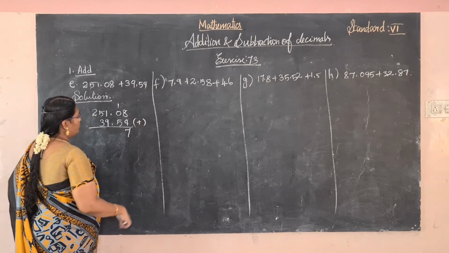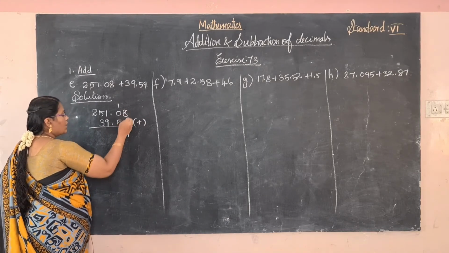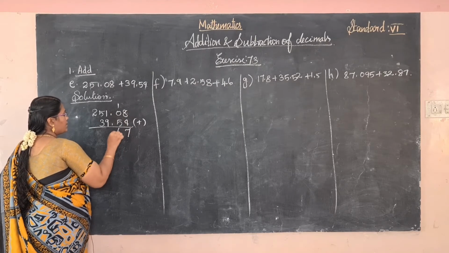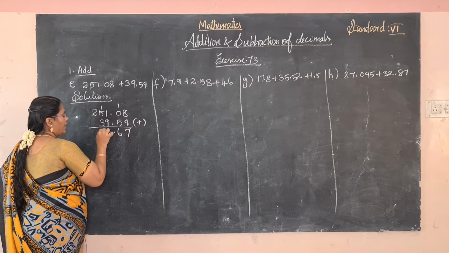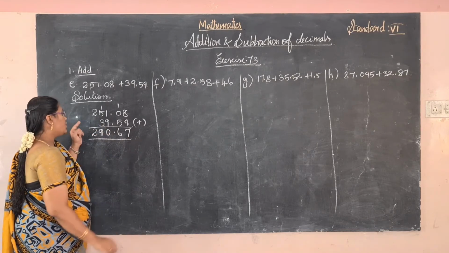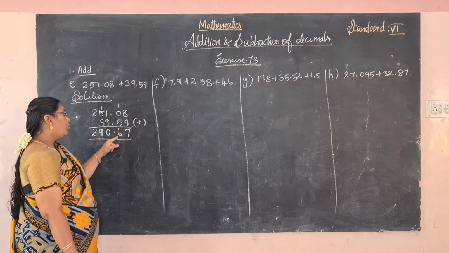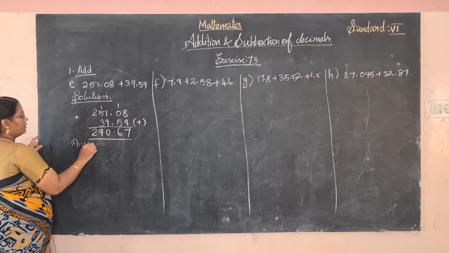Here put the decimal point. Then 6, 10, 9, 2. So the answer for this problem is 290.67.